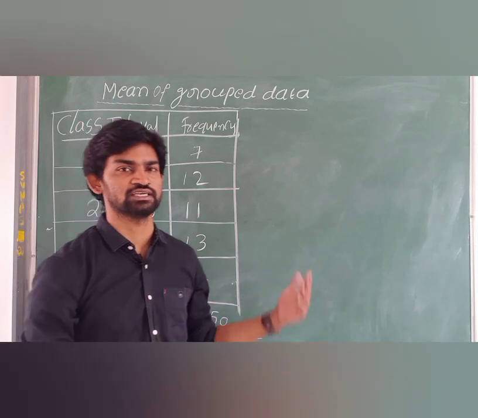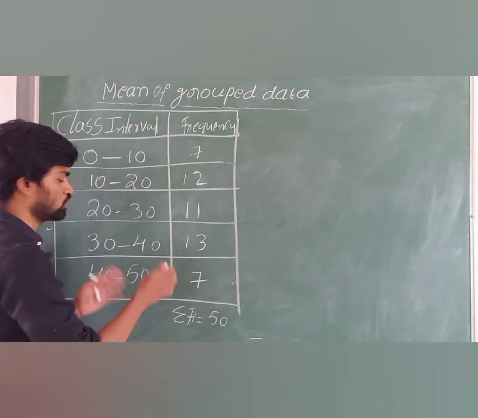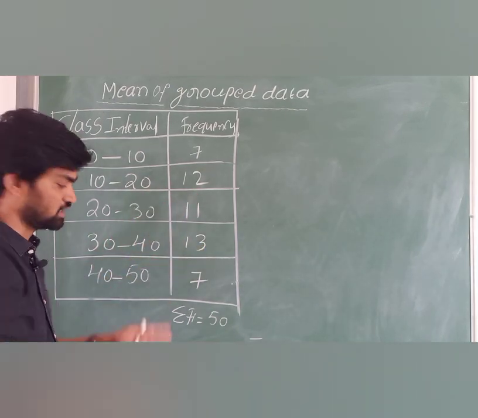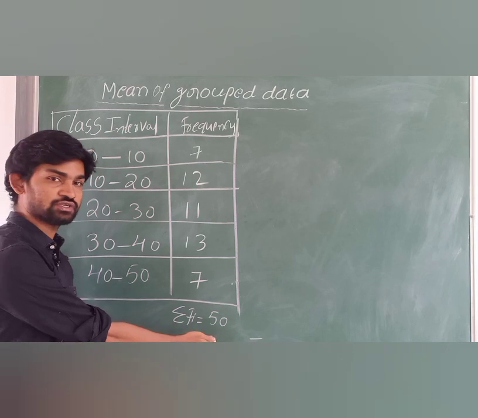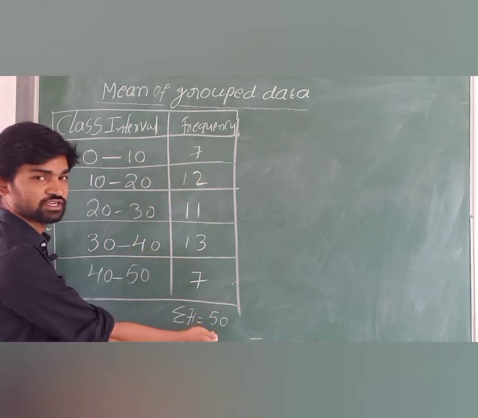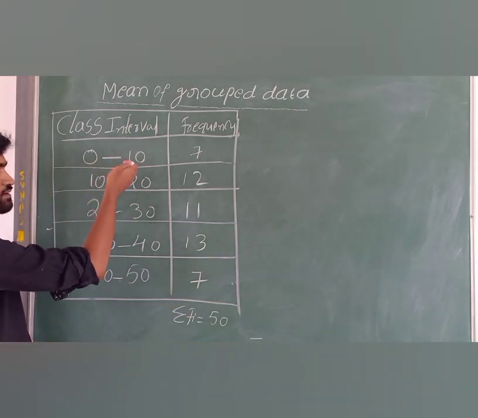Let us see first in the direct method what we have to do. I have two columns here. One is class interval, another is the frequency column, the number of students. The total frequency, the sum of students, is 50. The class interval has a gap of 10.